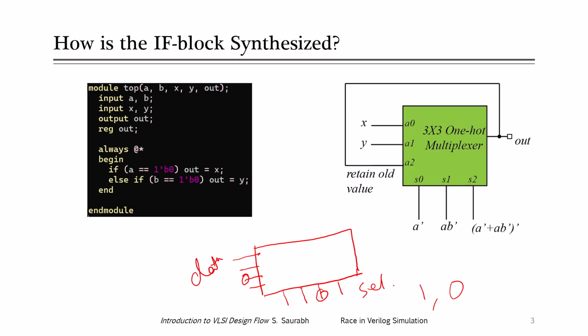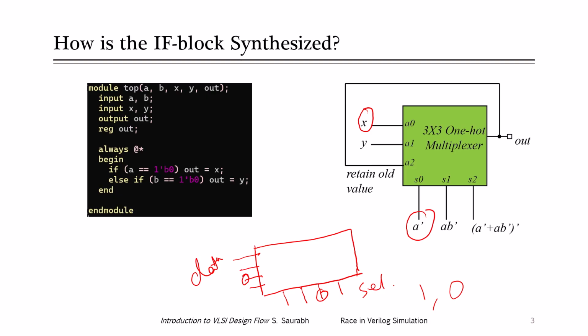Now given this if else if block, we can represent its functionality using a 3x3 one-hot multiplexer. For the first statement, if a is equal to 0, then out is equal to x. So we can write here that if a bar is true, meaning when a is equal to 0, then the first line, that is x, will get selected, right?